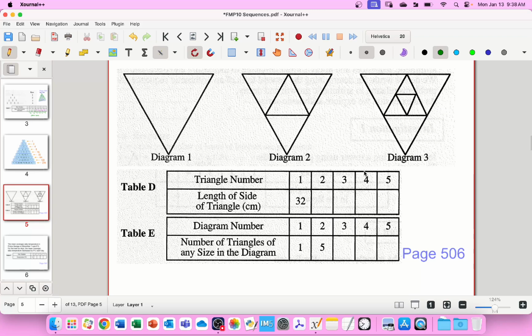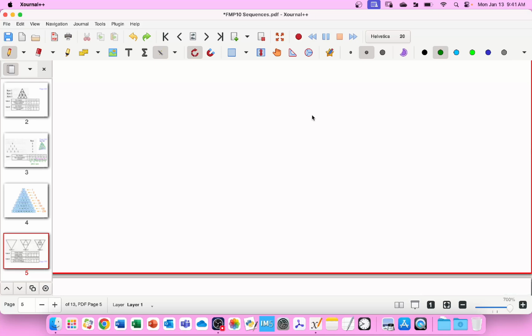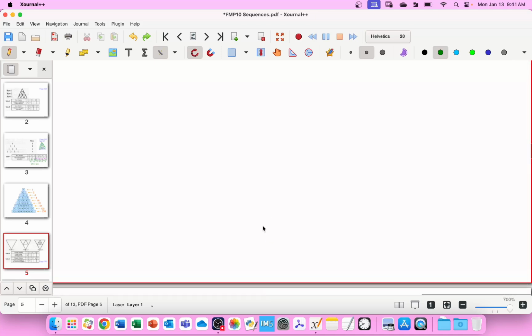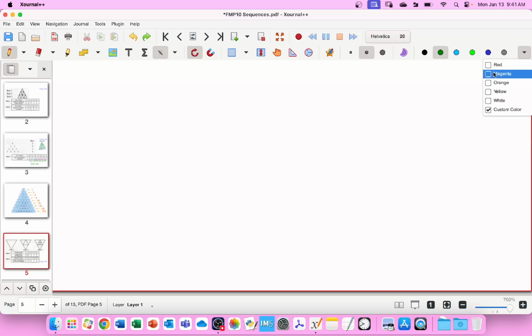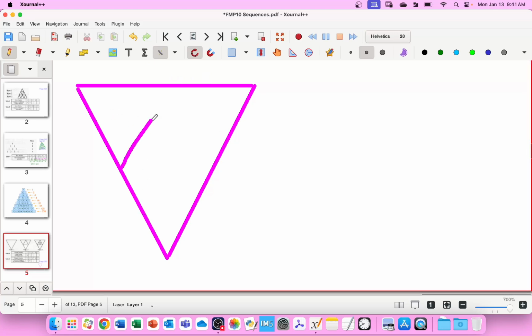So let me draw what diagram 4 and 5 must look like. Imagine for the first diagram, I have this one triangle, so that would be diagram 1. Then diagram 2, I add in another, okay, fine. If it's not going to become a straight line, that's okay too.